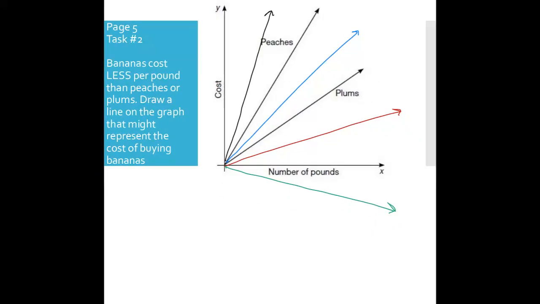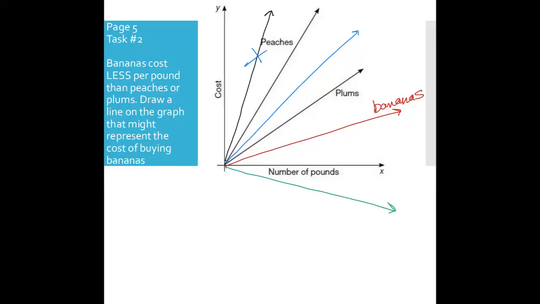Okay, so we're saying this could be bananas. Does it have to be that exact line? No. How many different lines could we have for this answer? 2? Could it ever be the black line? No. Can't be this line ever.